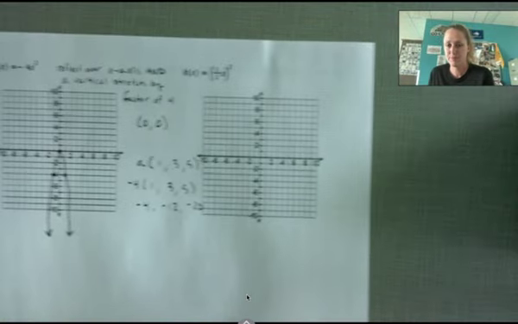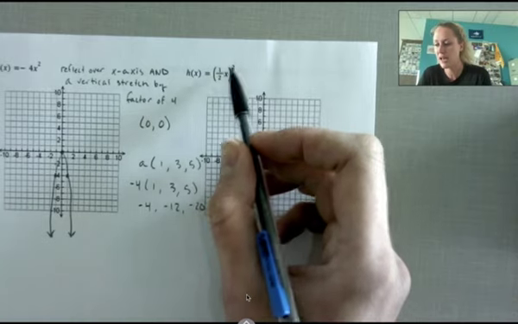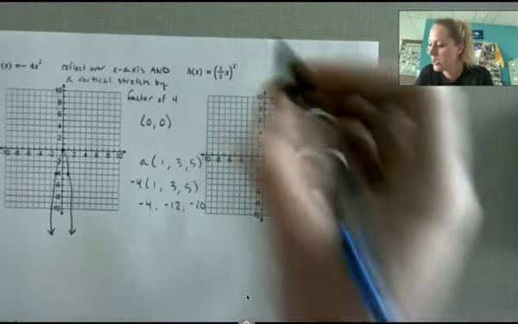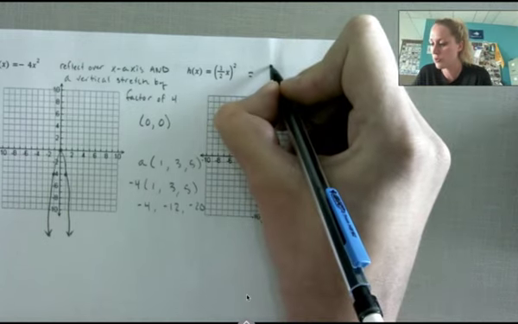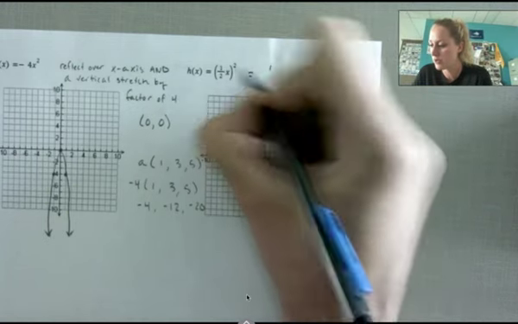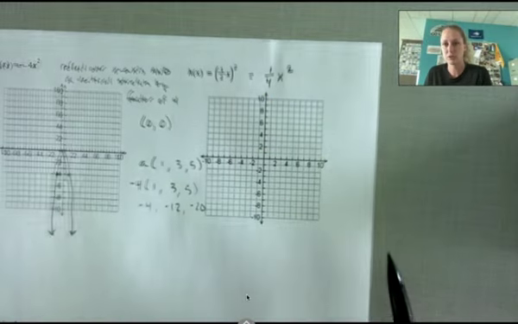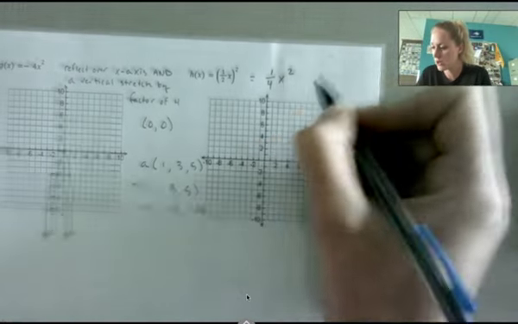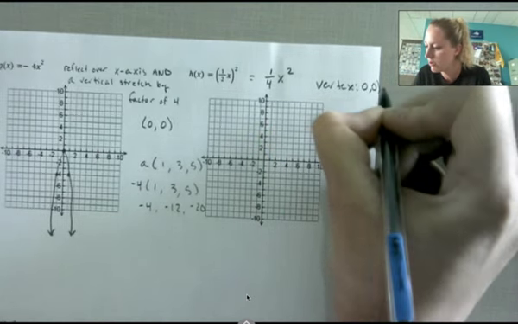Okay, this one, I'm actually going to apply the exponent to both of those. So I'm going to rewrite this as 1/2 squared is 1 squared, which is 1. 2 squared is 4. So that's another way to think about this one. So what this one is, again, no left or right. So the vertex is still 0, 0.